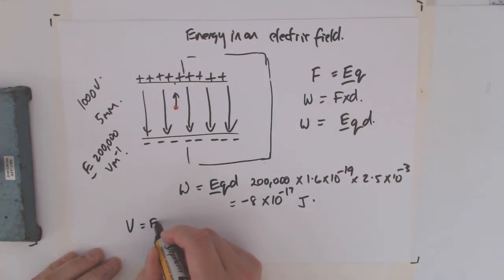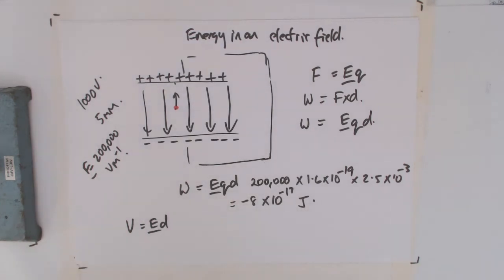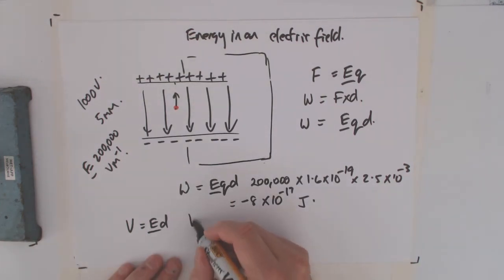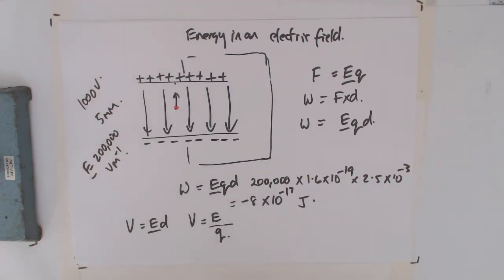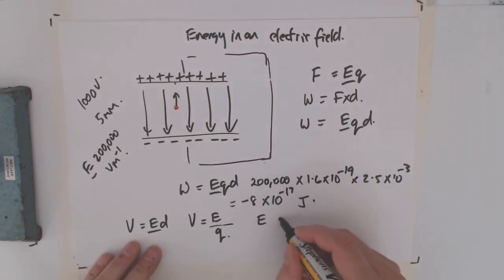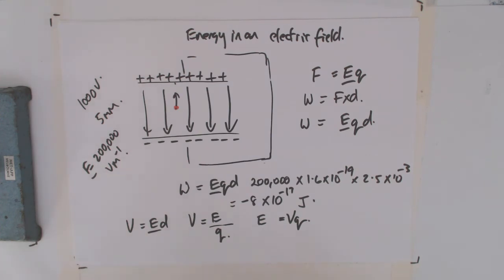V equals ED. Now, let's just see some relationships. Voltage is energy, so this is energy, not the electric field, divided by charge. So it's joules per coulomb, right? Now we just said that, so we could say that energy or work equals VQ, right?